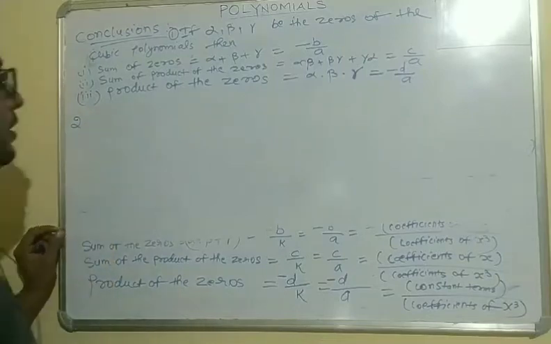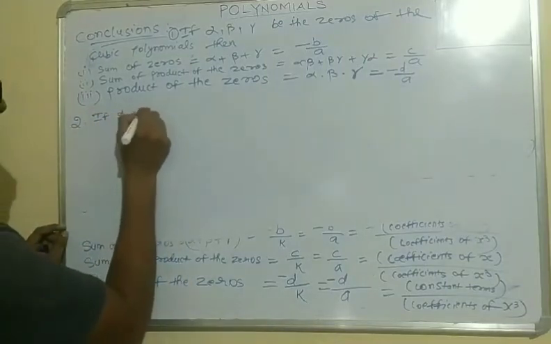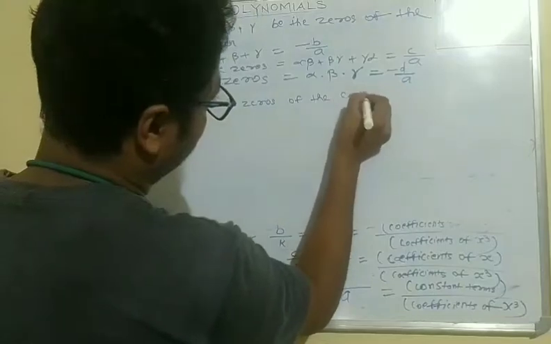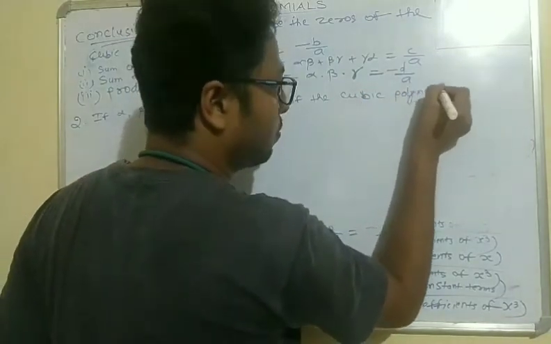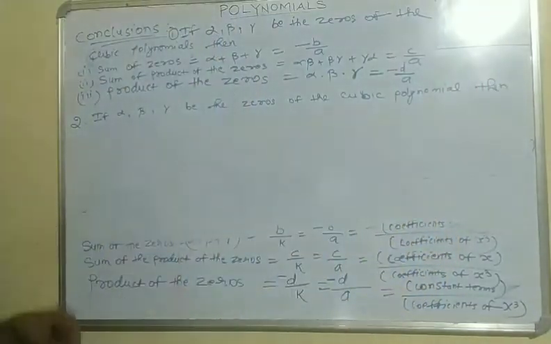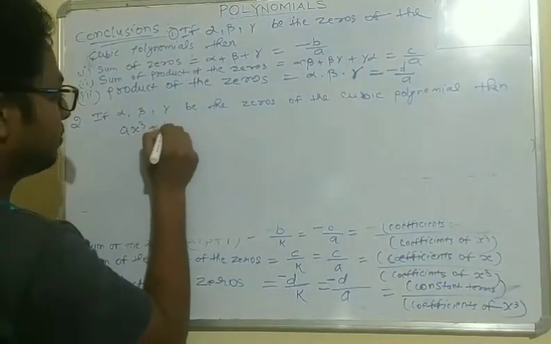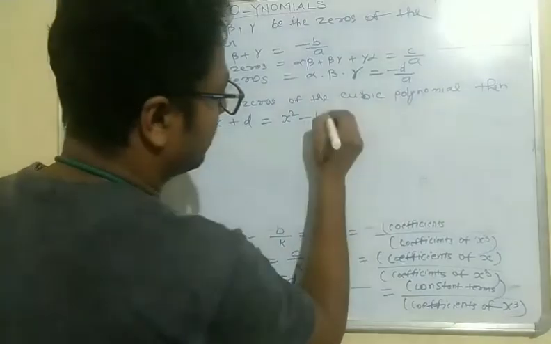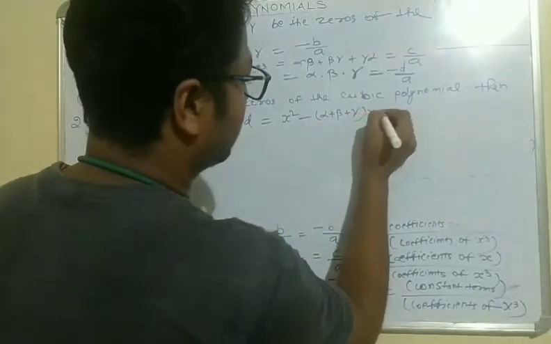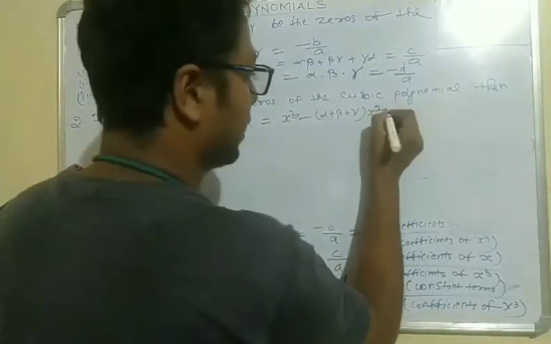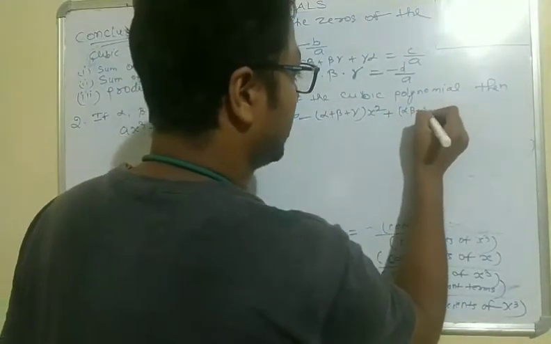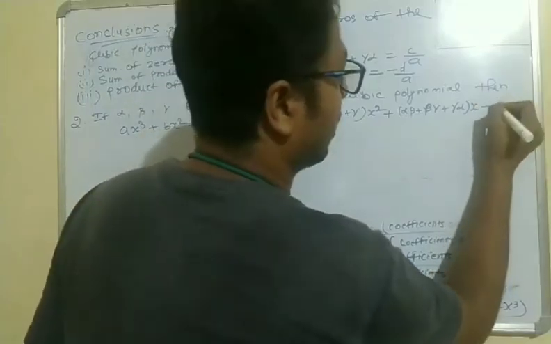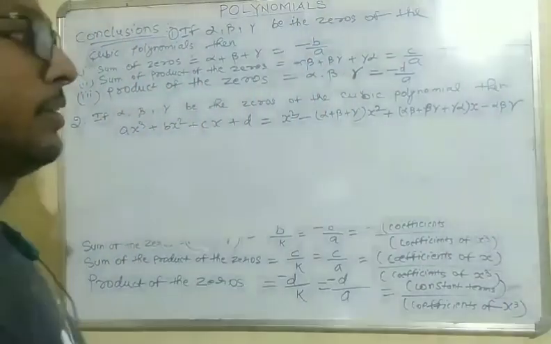And second, if alpha, beta, gamma are the zeros of the cubic polynomial, then it can also be written as ax cube plus bx square plus cx plus d equal to x cube minus (alpha plus beta plus gamma) x square plus (alpha beta plus beta gamma plus gamma alpha) x minus alpha beta gamma.